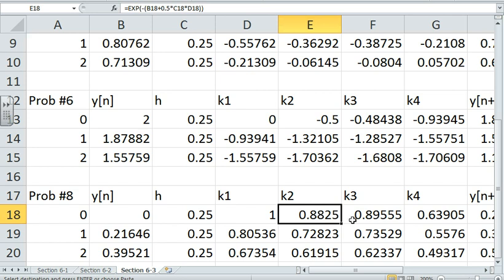Okay, so that looks like that. And k3 should be minus h plus 0.5 h k2. That one there looks right. And this guy here should be minus b18 plus 0.5 f18. That should be right too.